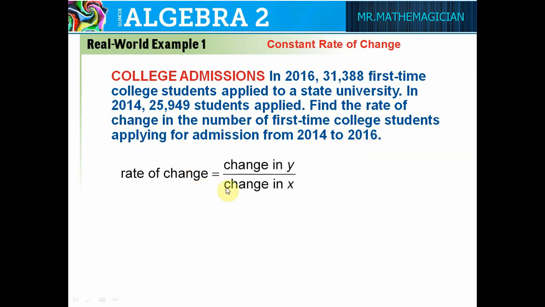The rate of change is the change in y over the change in x. It means change in admission over change in time.